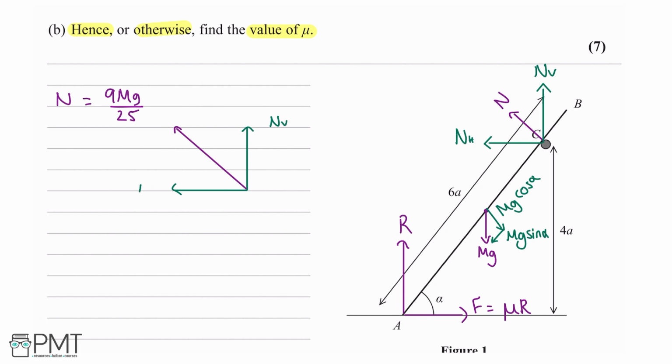So to resolve these forces, we can move this normal vertical to the other side, because at the end of the day it's a vector. The purple arrow goes first horizontally, then vertically, so we're allowed to do that. So we have vertical on this side and horizontal on the base.